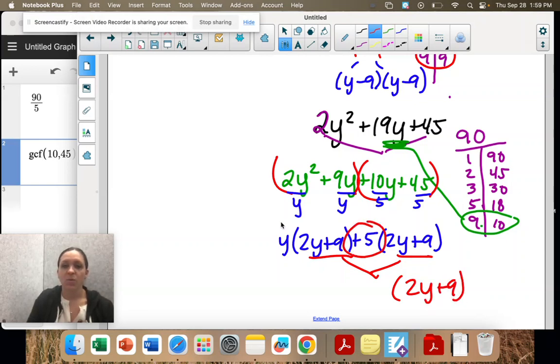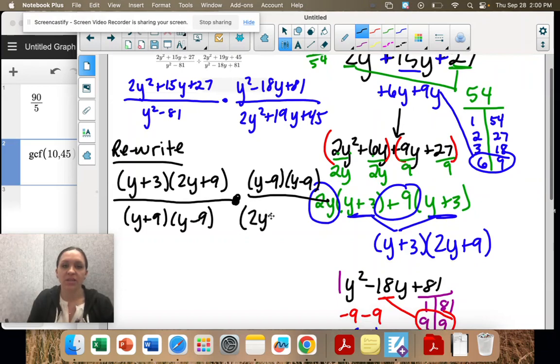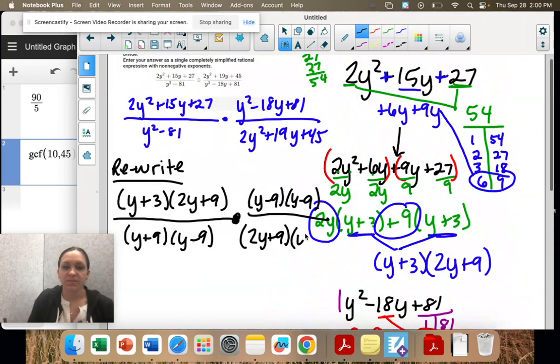And then y plus 5, what we took out, is our second factor. So I'm going to rewrite this. 2y plus 9, and then y plus 5. Sorry, I'm kind of into that mess, but we did it. We factored. This one takes a long time.